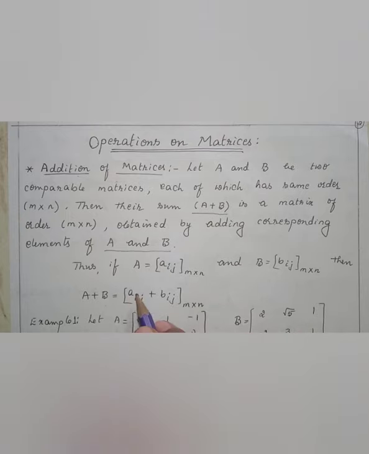That is addition of the matrices A and B. The resultant should be of the same order m by n.